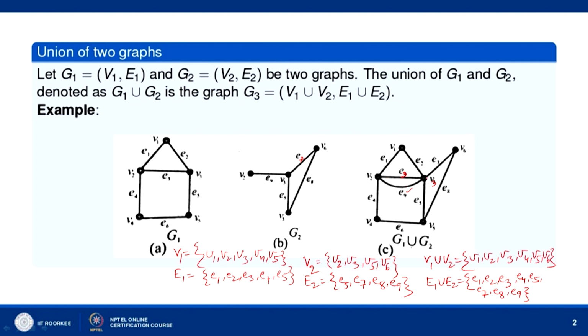V3 and V6 are connected by E7, and V5 and V6 are connected by E8. So, that is the union of G1 and G2.